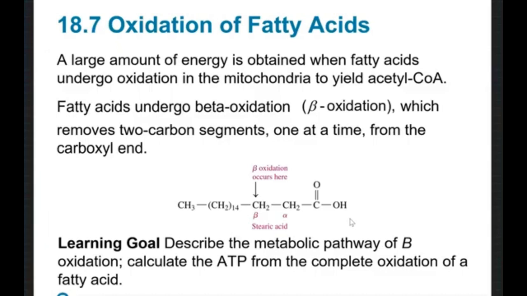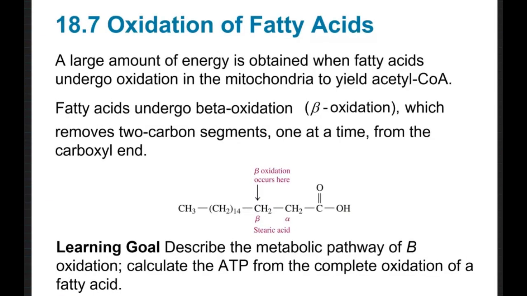Sounds good? Okay, folks. When we met last time, we discussed the whole breakdown of glucose, the oxidation of glucose, right? So, glucose is the most versatile energy molecule because it can be fermented when there is no oxygen, can be oxidized when there is oxygen.